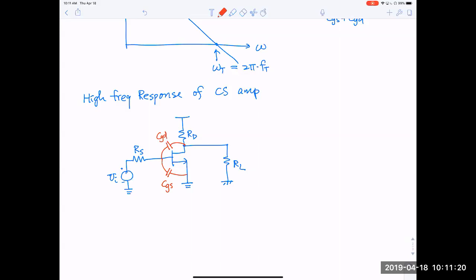It's a kind of feed-through capacitor. Your signal actually doesn't always go through the transistor and then go to your load. You can see this Cgd as a feed-forward path. It just feeds the signal directly to the load, okay? So that's an interesting aspect of the capacitor.